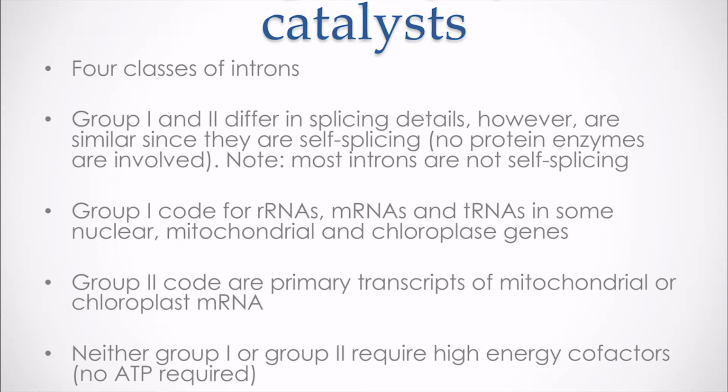So there are going to be 4 classes of introns. We have group 1 and 2 introns that are going to be self-splicing. So this means that there are no enzymes involved. They are their own splicing units. But what's really important is that this is not most of our enzymes. Most enzymes are not self-splicing in eukaryotes.